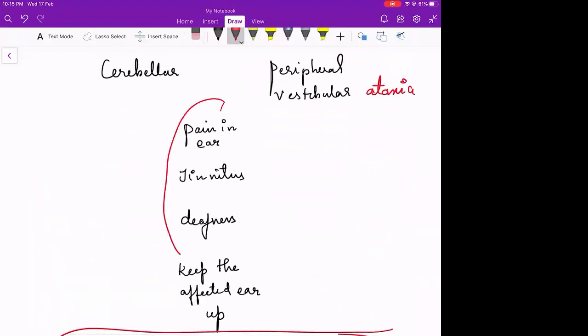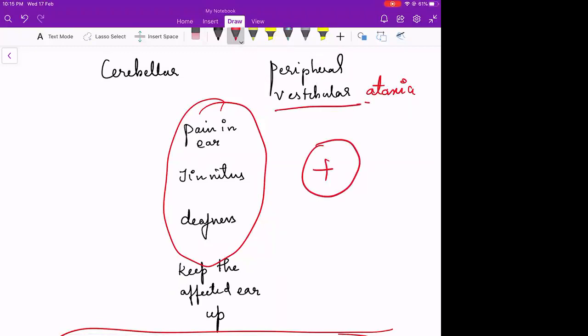But whereas ENT symptoms will be present in peripheral vestibular ataxia. The peripheral vestibular system includes the labyrinth, so anything affecting it, such as labyrinthitis, or any tumor, or infections.